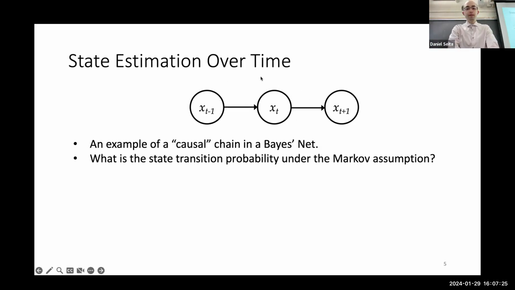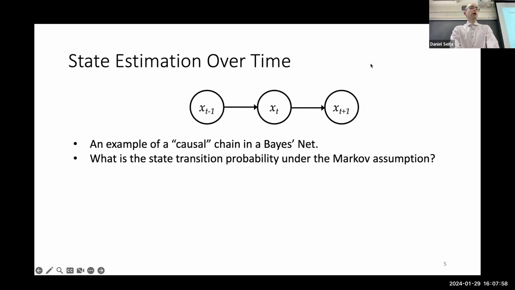And if you recall the guaranteed conditional independence assumption from this, it is if you condition on xt, then xt plus 1 and xt minus 1 are independent. Formally, xt minus 1 and xt plus 1 are conditionally independent given xt, which blocks the information flow between these two.